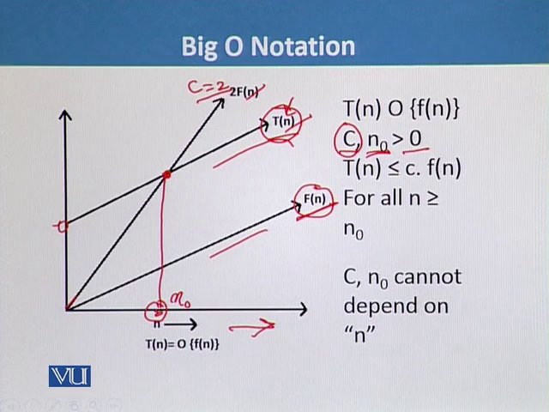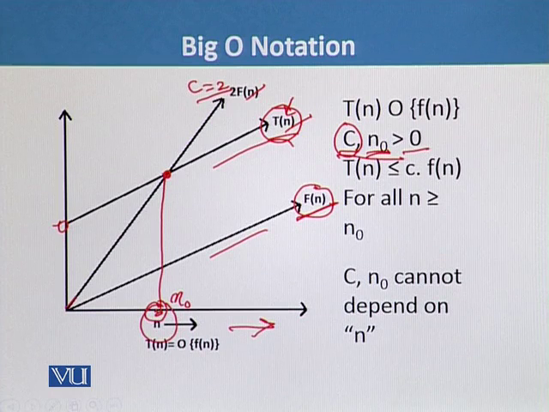One way to think about it: if we are trying to establish that something is a big O of some function, it's like we are playing a game against an opponent. We want to prove that this inequality holds, and our opponent must show that it doesn't hold for sufficiently large n. We have to go first. Our job is to pick a strategy in the form of a constant c and a constant n naught.